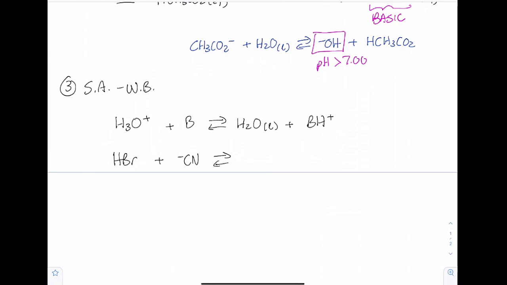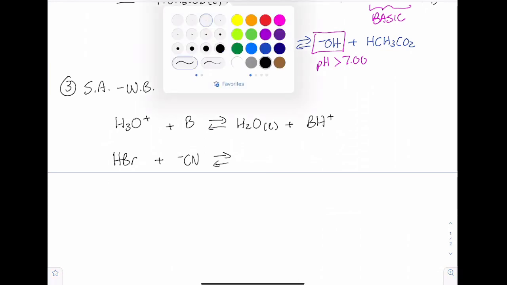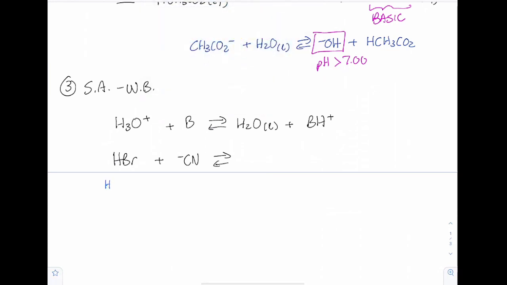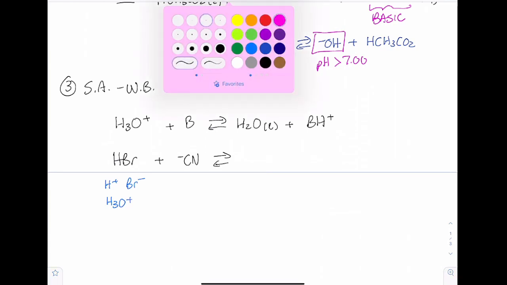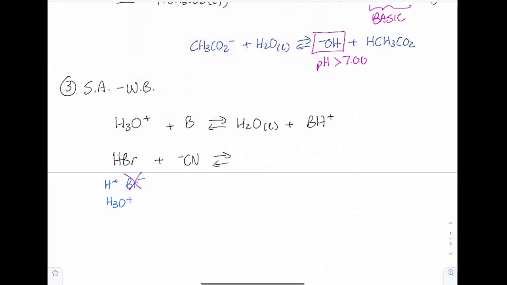I know that this is going to be completely dissociated, sorry, I mean my acid, right? H plus and Br minus. Again, I'm going to write it as H3O plus. I know that my Br minus is not going to react with water.